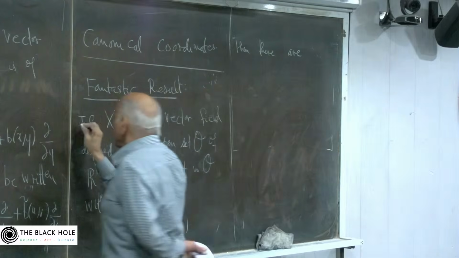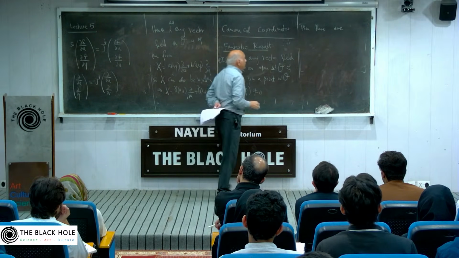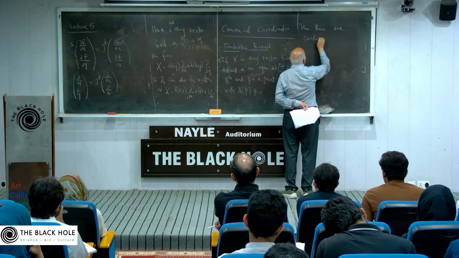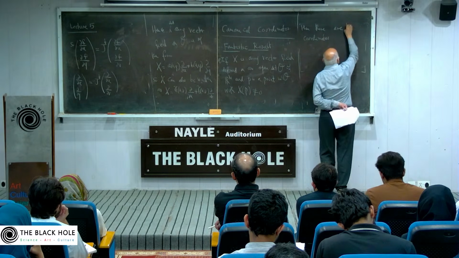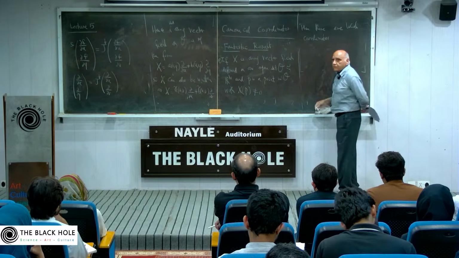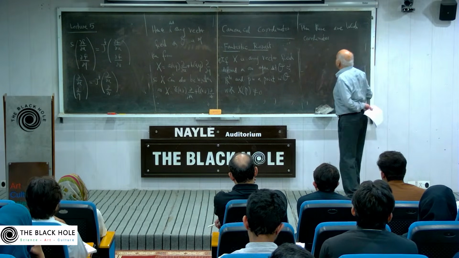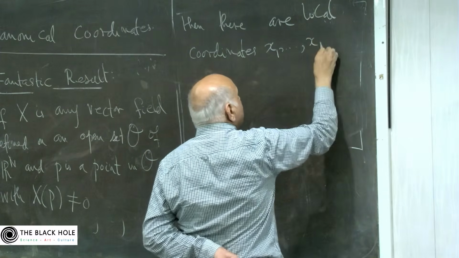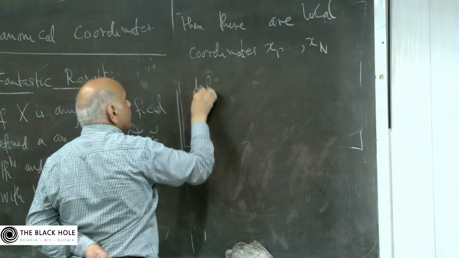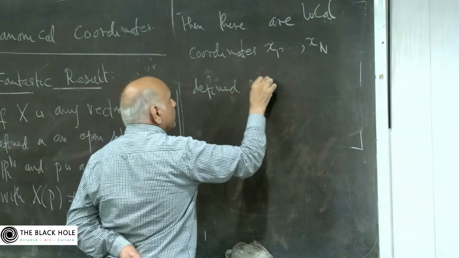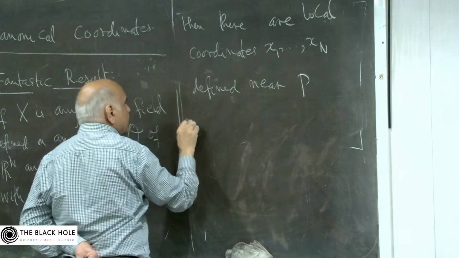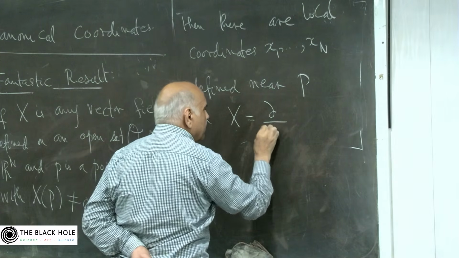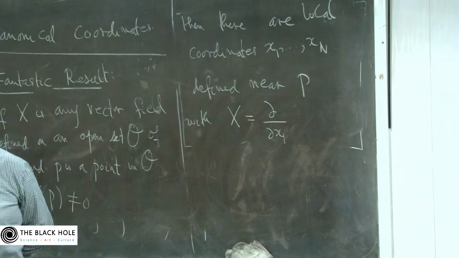So I'll give it in two parts. One, then there are local coordinates, which means generalized; they are not defined everywhere but near that point P. The local coordinates x1 up to xn defined near P, with X something very simple, partial by partial x1.